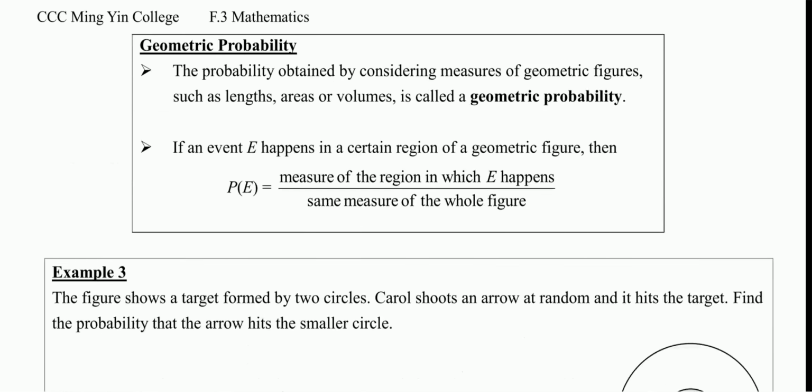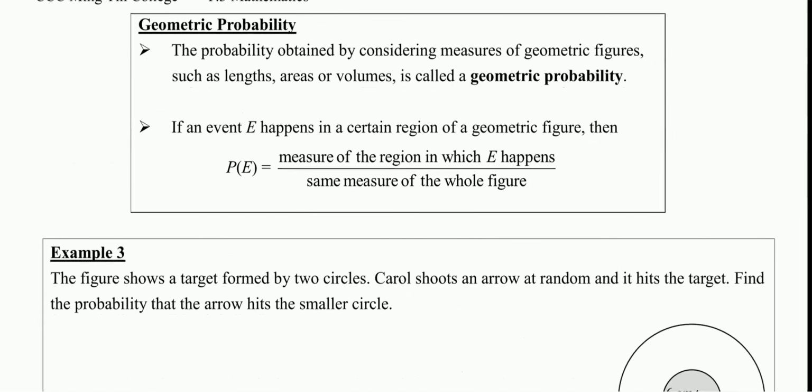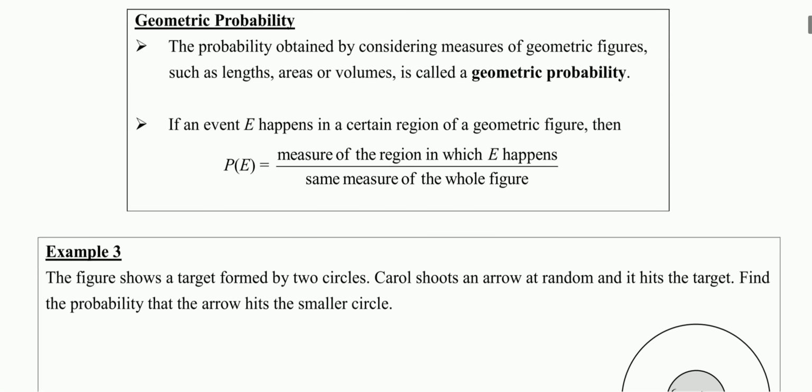And okay, finally, just to give you another concept about probability, which is the geometric probability. You can think of lengths, areas, and volumes, where we use the whole figure here to represent the possible outcomes. That is all the possible outcomes.